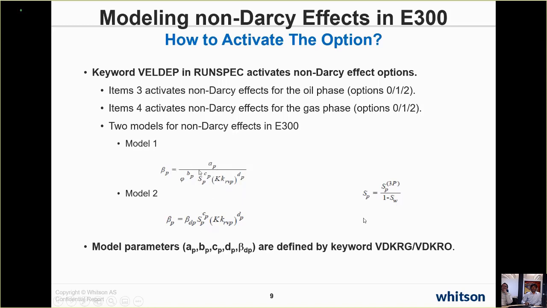So how do we enter these parameters A, B, C, and D? Those model parameters we can define under the keywords VDKRG and VDKRO. We have to find all these A, B, C, D, and BDP from the lab experiment.